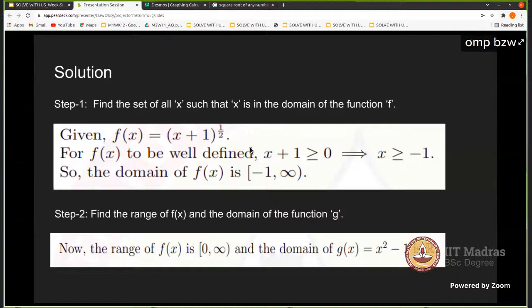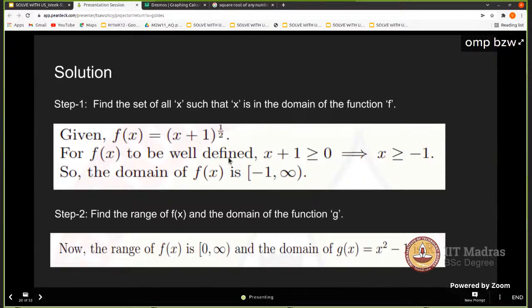Sir, without the Desmos graph, suppose Desmos is not available to us, then how do we find the range of f of x? Oh, if Desmos is not available, you know the graph of square roots, right? The graph of y equals root x. Yes, sir. It's an inverse of x square.